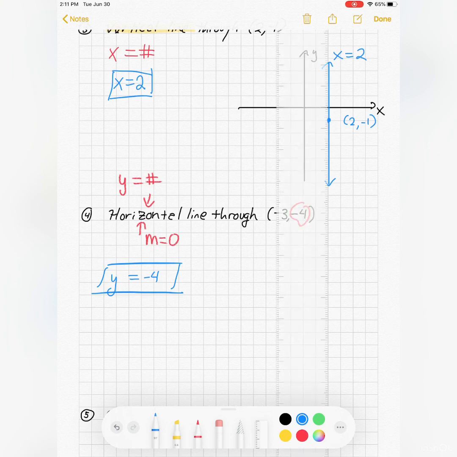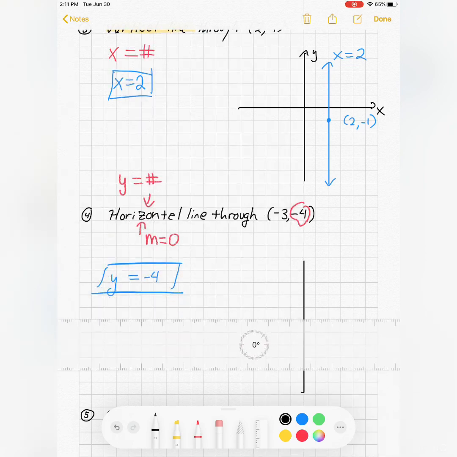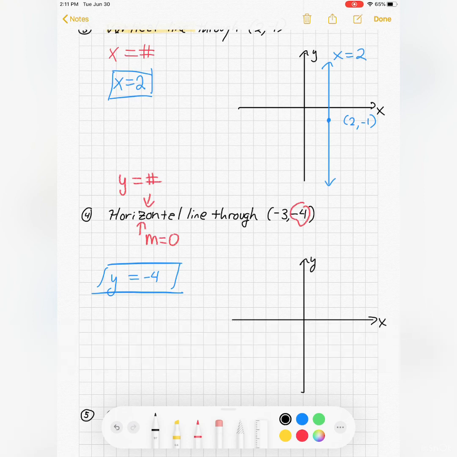Okay, if you want to graph it, if that's part of the instructions, well, the point is here. I know the line is horizontal. It's going to be here. So indeed, y equals -4.